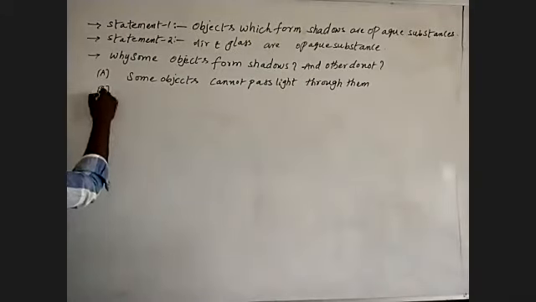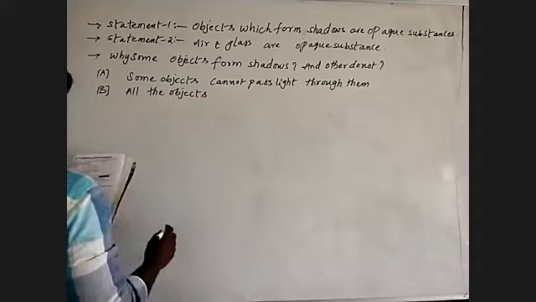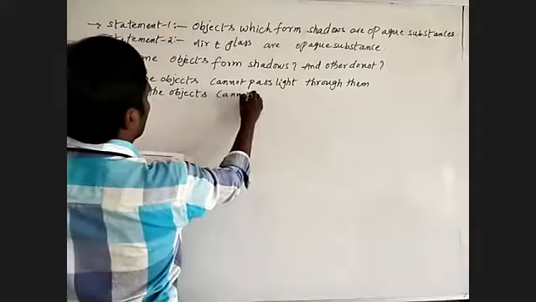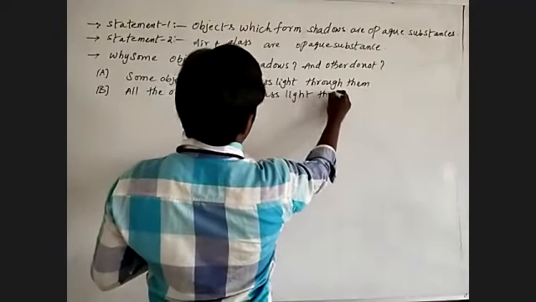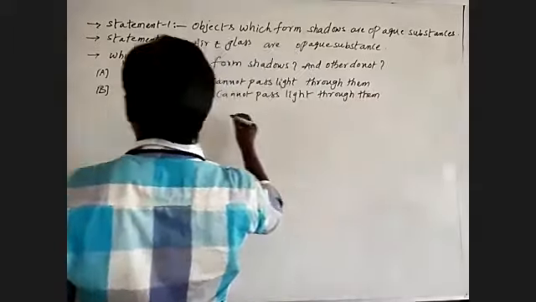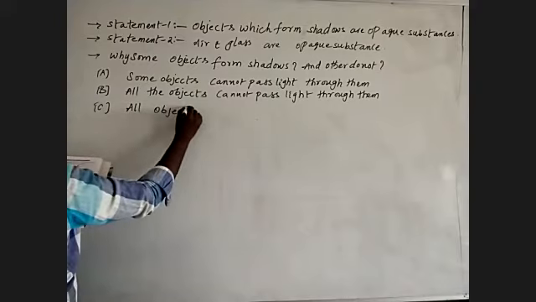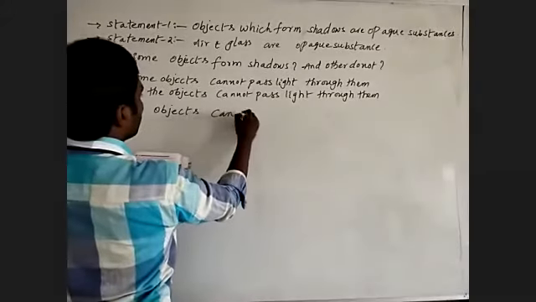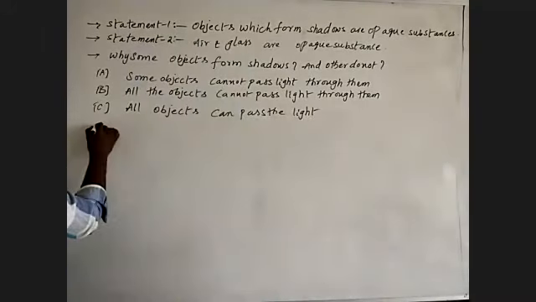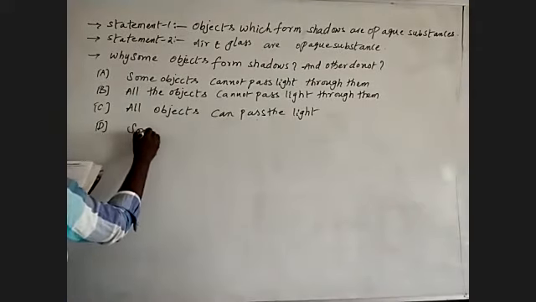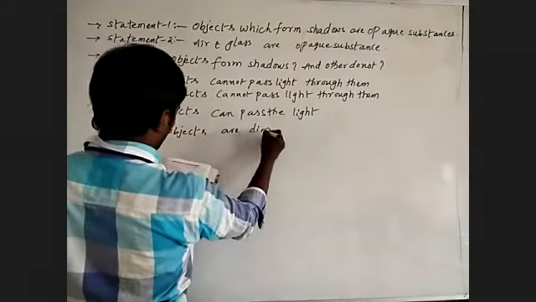Next, all objects cannot pass light through them. And all objects can pass the light. To talk for next: some objects are dim and dark.